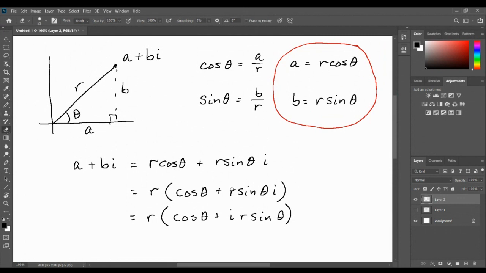Sorry about that. Because I factored r out, right? So it should be r times cosine theta plus sine theta i, or cosine theta plus i sine theta. It shouldn't be an r squared.